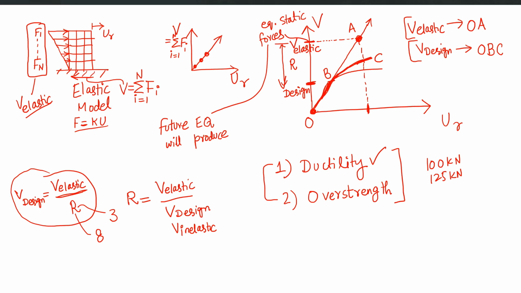Our structure will automatically follow this OBC or any line, whatever will be the real line depending upon the capacity of our structure, right? So this R factor is there because we are using a linear elastic model which cannot capture the inelastic behavior. Therefore we simply first calculate V elastic, divide by a constant number R and get the design V, right? So this is the use of this R factor.